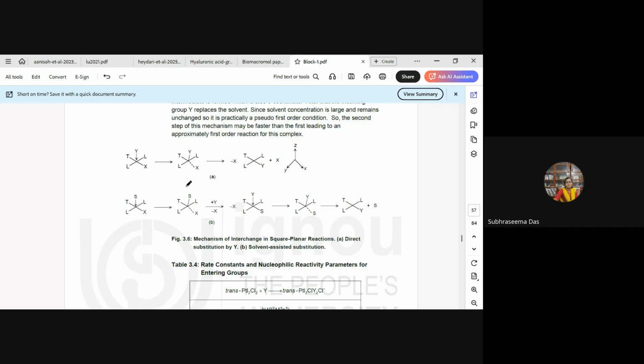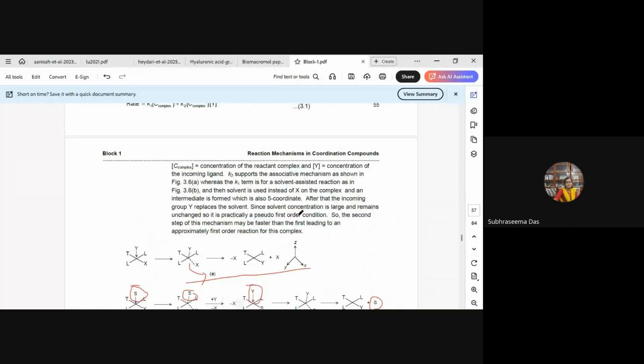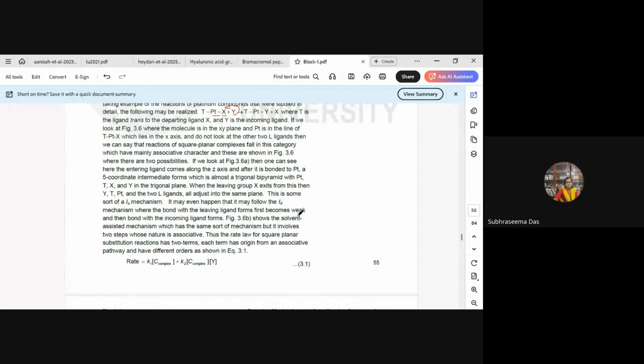The first case is a direct substitution reaction. Here Y enters and X goes away. The second case is the solvent-assisted substitution reaction, where S stands for the solvent. First it is solvated, then Y enters into the complex, and after it is attached to the complex, the solvent is removed and goes away. This is the solvent-assisted substitution, and the upper one is the direct substitution. We will discuss this in detail.